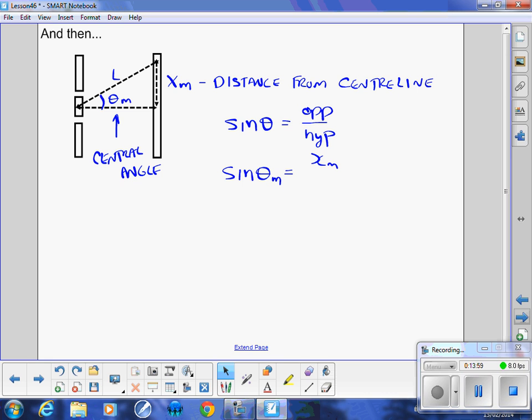So I'll just add that in up here: distance from center line to bright region. Over the hypotenuse, which is L, the distance from the center of the slits to there. We can rearrange it or do a substitution, but I'm going to leave it because I just want to show you where that comes from, and we'll finish it up in the next video.